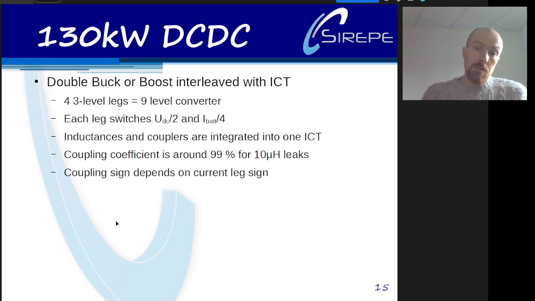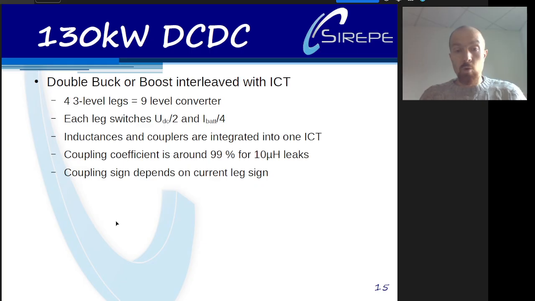Inductances and coupler are integrated into one intercell transformer, one transformer with 8 coils, coupled together with magnetic cores. The coupling coefficient is around 99% for a leakage of 10 microhenry.